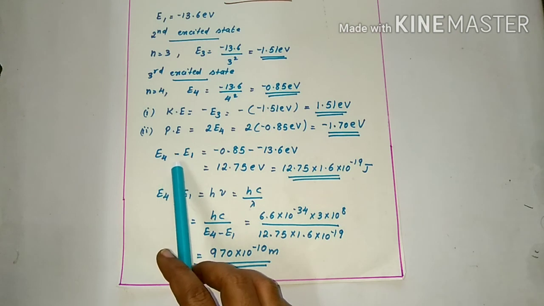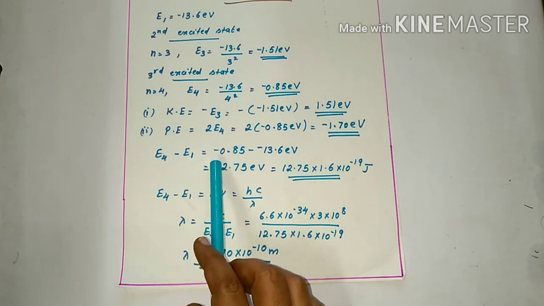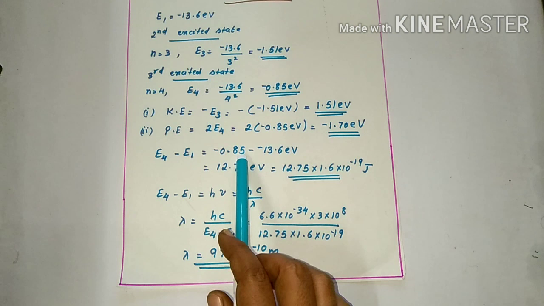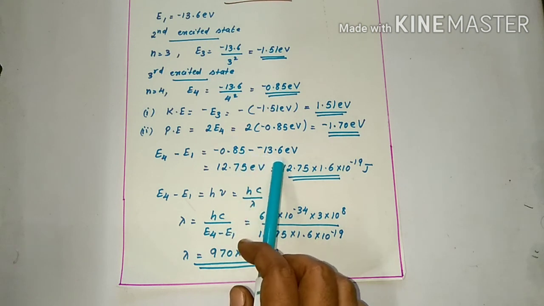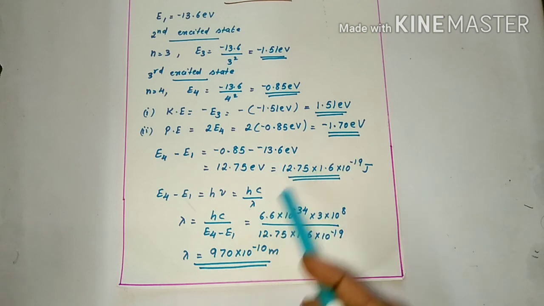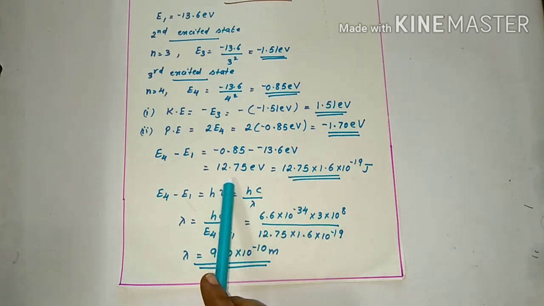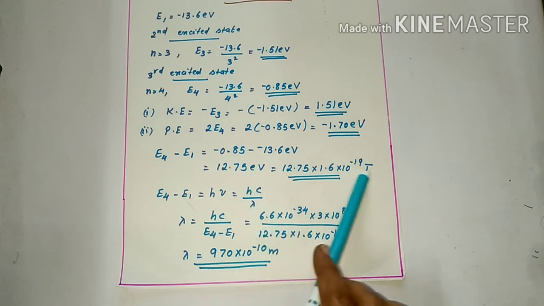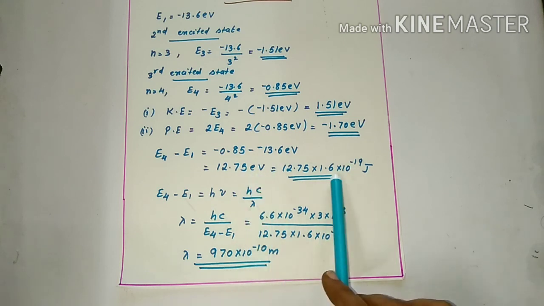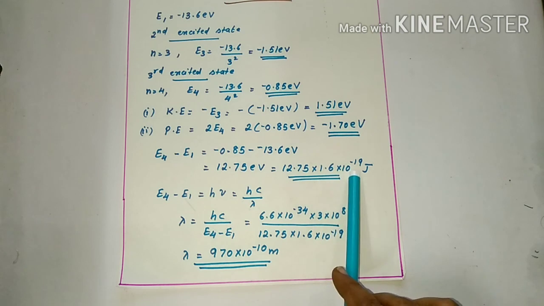That is E4 minus E1 equal to minus 0.85 minus minus 13.6 electron volt. So you will get the answer 12.75 electron volt, and you convert this into joule by multiplying the answer with 1.6 into 10 raised to minus 19.